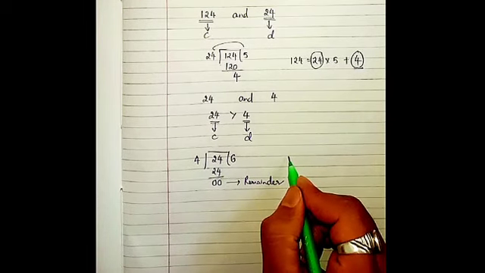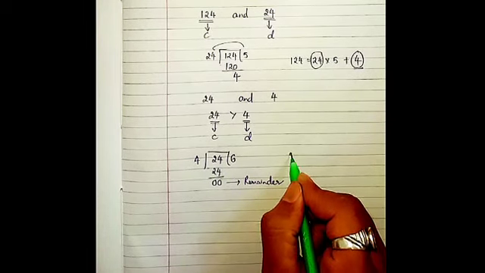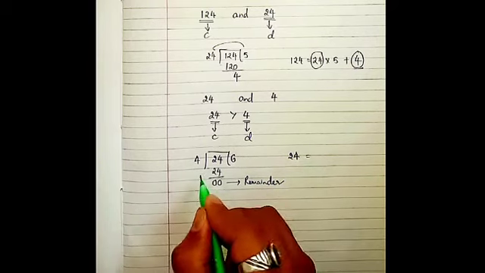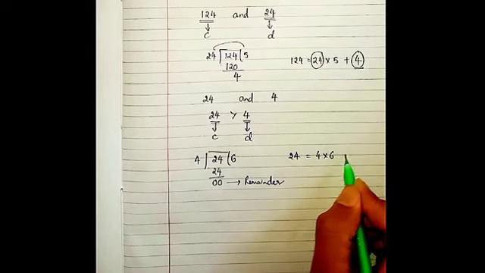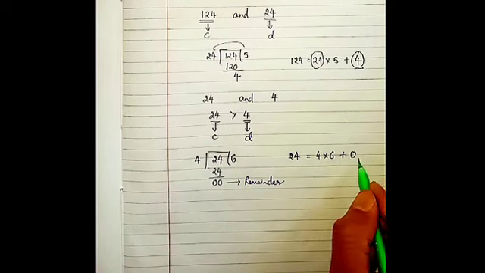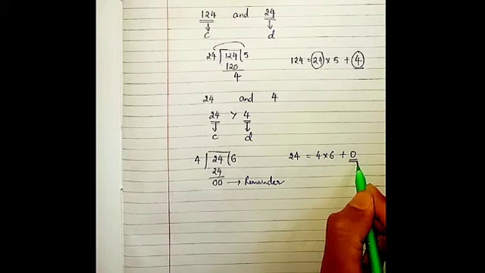And we will state in the form C equal to DQ plus R. So C value was 24, 4 multiplied by 6 plus R is 0. Now we are at a stage where the remainder is 0.